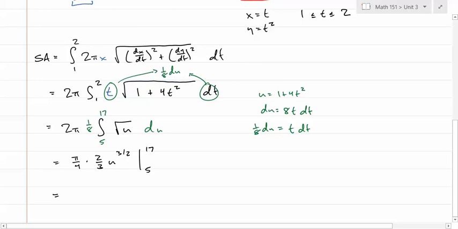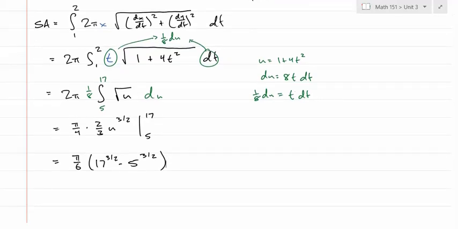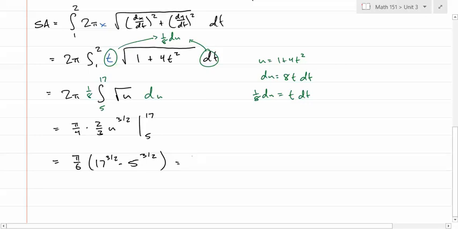You've got a factor of 2 that cancels, so it's going to be pi over 6 times 17 to the 3/2 minus 5 to the 3/2. You could just leave it like that. Another common way to write the 3/2 power, that's like 1.5.